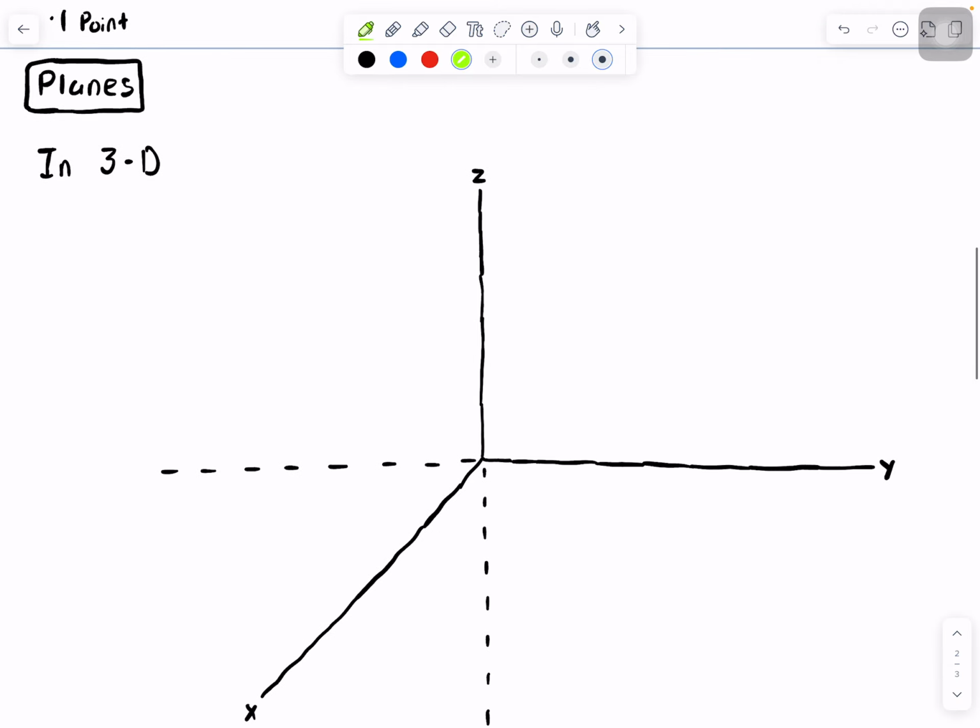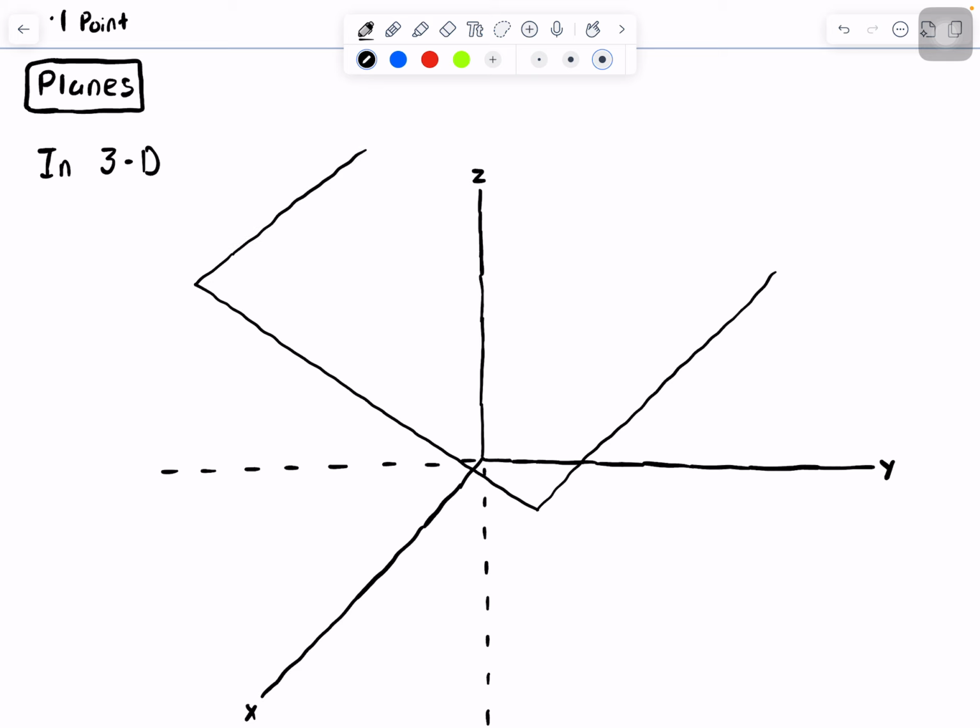So let's try 2 directions, in a sense, in air quotes. Let's say I have this one, and maybe this one. Okay. That gives us 2 directions, in a sense. And then together, you can think of it, this plane being like this.